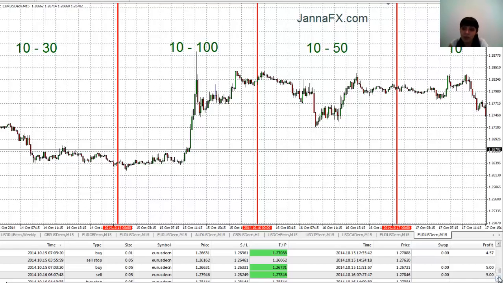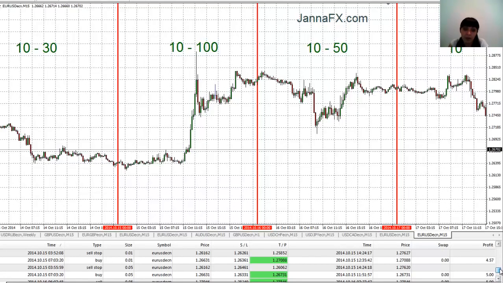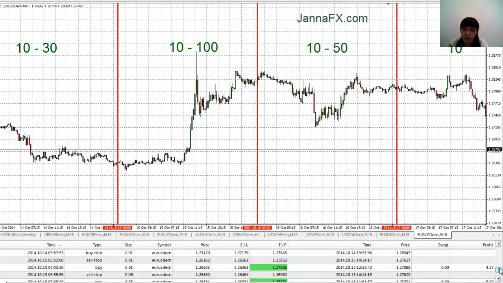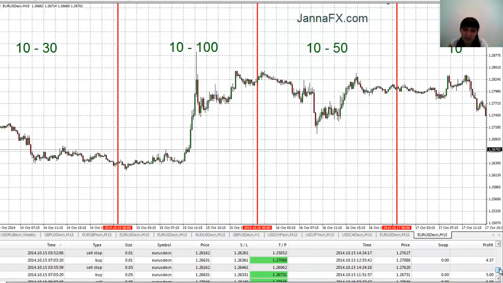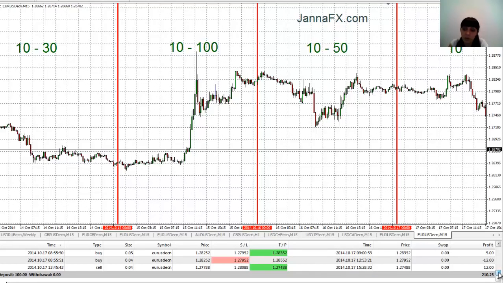So I think it's a bit more risky. So as you can see, I was placing around 10 cents per pip, and when I was going for the smaller profit, this was only a 10 pips target, it was about 50 cents a pip. And you can see it's all the trades.